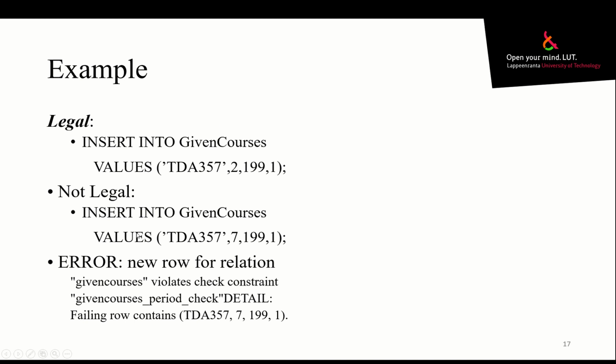But if you insert with this other way, it goes against the check constraint we added to the table given course in the earlier slide. You might get errors like this. So that is something you should take note of, and it's important to show you this so you understand how this impacts your SQL statements when you're trying to modify a table or insert data into a table. So that is very important for you to note.